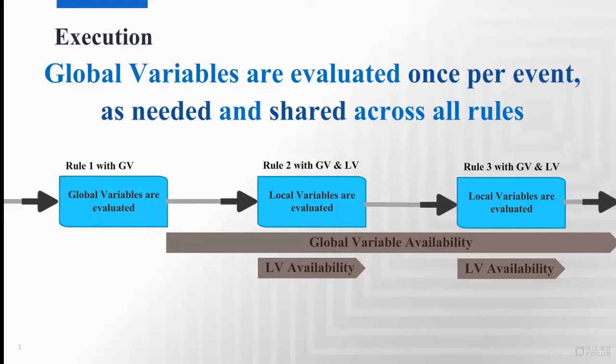Whereas if it was a local variable, it of course has to perform that operation multiple times to achieve the same result. So there's a matter of efficiency that happens within the content, and ultimately that can impact the overall EPS of your ESM instance.